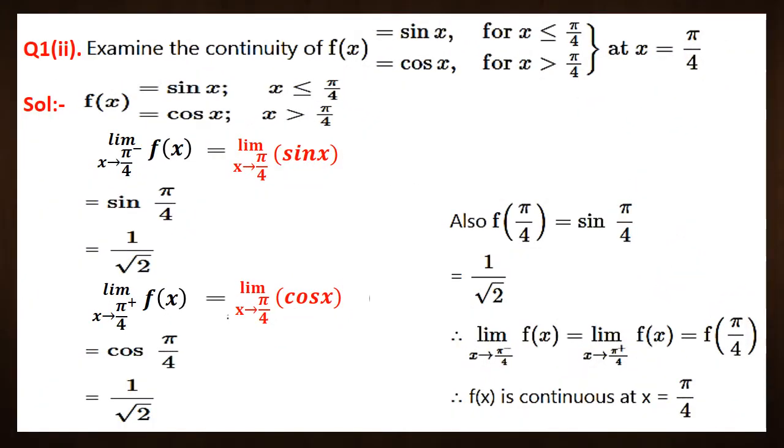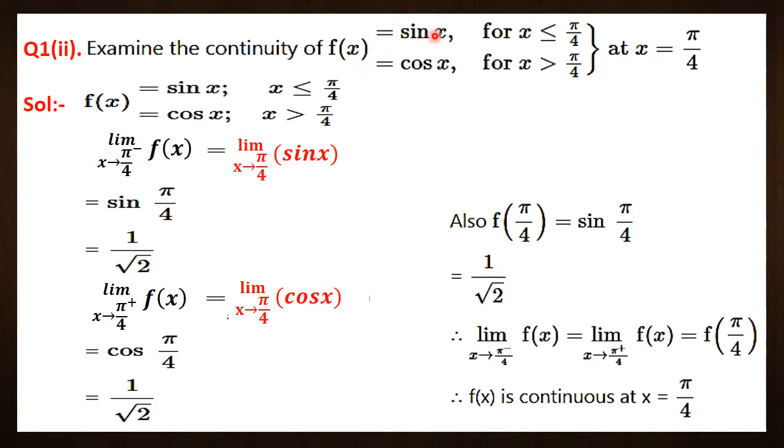Question number 1, second question. Examine the continuity of f of x equal to sin x for x less than or equal to pi upon 4, and f of x equal to cos x for x greater than pi upon 4, at the point x equal to pi upon 4. Here note that the function f of x is a trigonometric function, so the variable will be the angle.